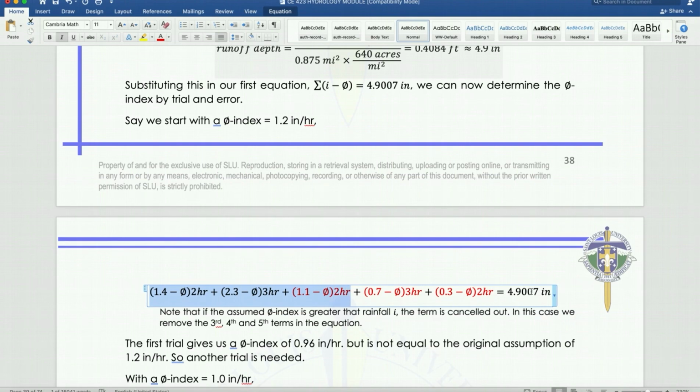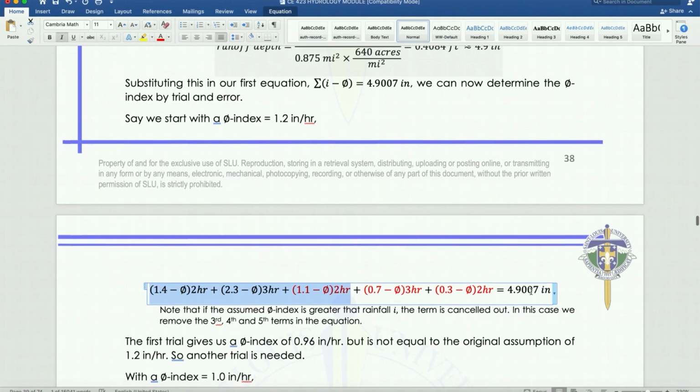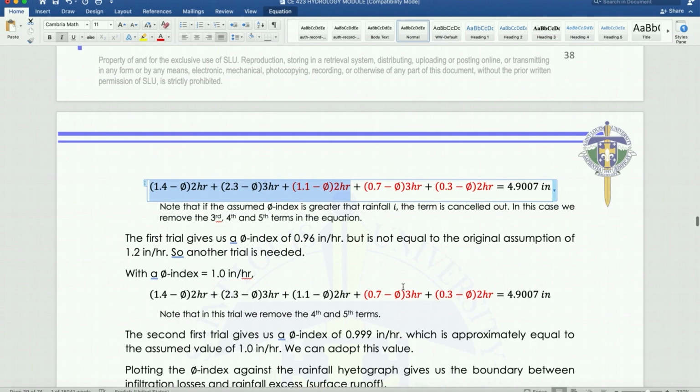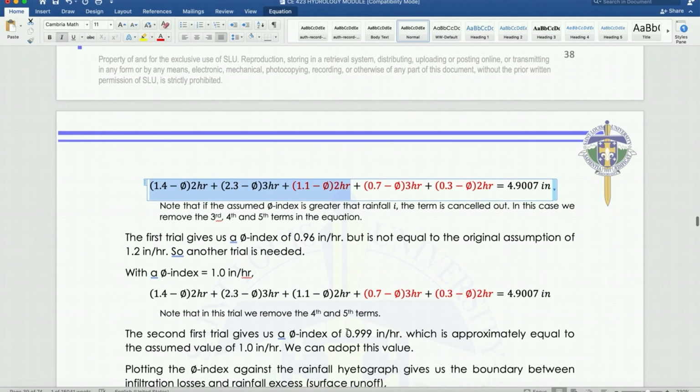And ang lalabas dyan, idagdag natin yung third equation, which is 1.1 minus alpha x is equivalent to 0.999, ang lumabas. And 0.999 is almost equivalent to 1.0.